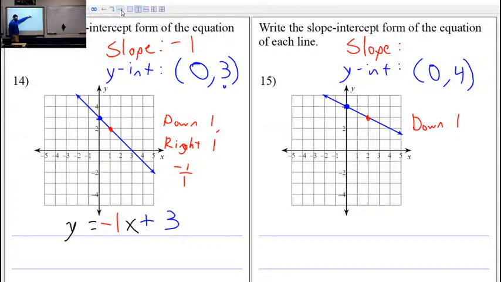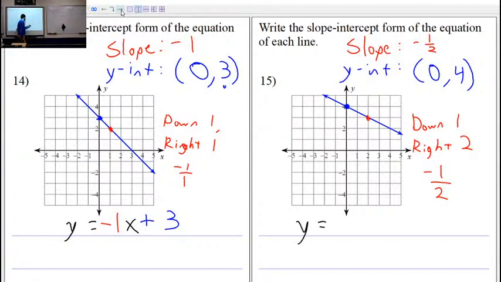So change in y, we're moving down 1, over change in x, we're moving to the right 2. Down is a negative direction, over 2, and 2 is positive since right is a positive direction. So negative 1/2 is our slope.